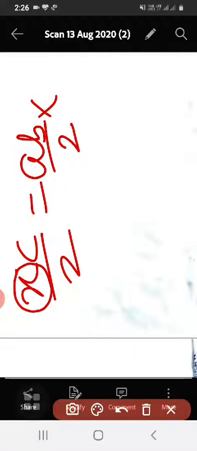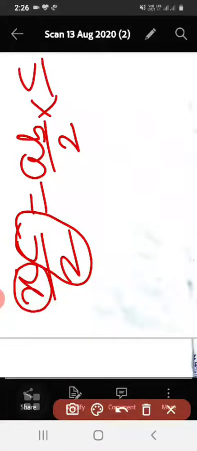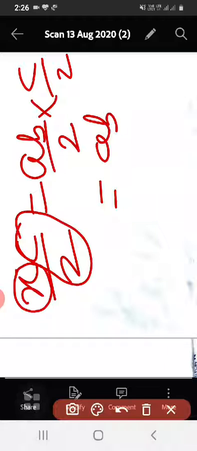X means AB by 2. This X into this C by 2 I will write as it is, C by 2. Then multiplying this we get ABC divided by 4.